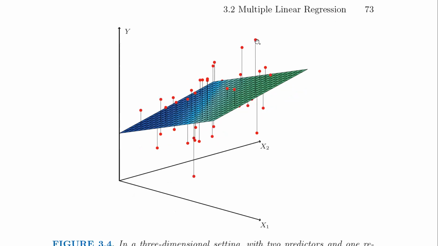What you want to do is minimize not one particular black length, not specifically this one, not specifically this one. You want to minimize the sum of all these black lengths squared.